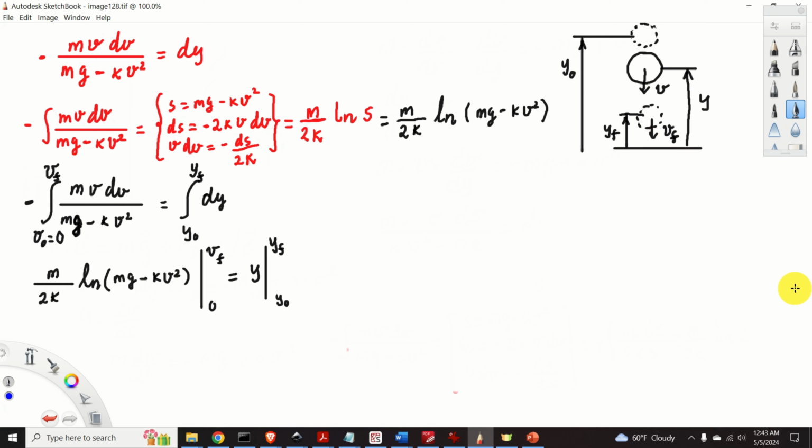Let us now substitute these bounds. First, let's substitute the left-hand side. On the left-hand side, we have the following: m over 2k multiplying ln of mg minus k v final squared, minus, over here, ln 0 for velocity will produce ln of mg.